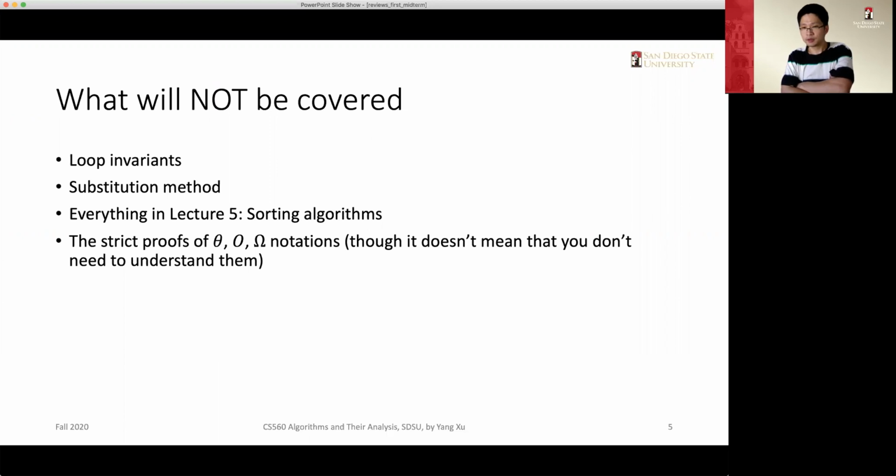Do you think all the allocated time will be required to finish the midterm? Well, in my experience, some people submitted earlier and some people used all the time. Yeah, from 2 to 3:45.